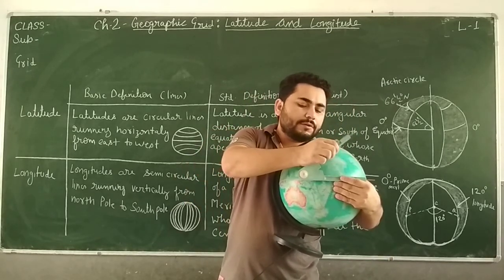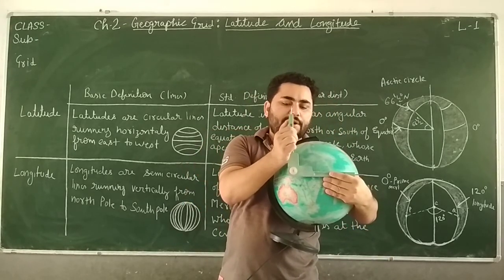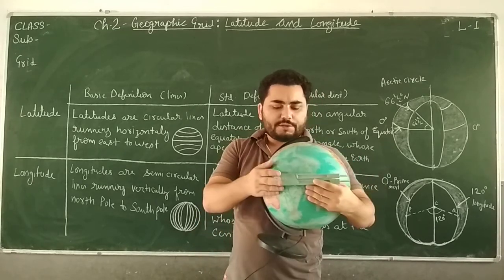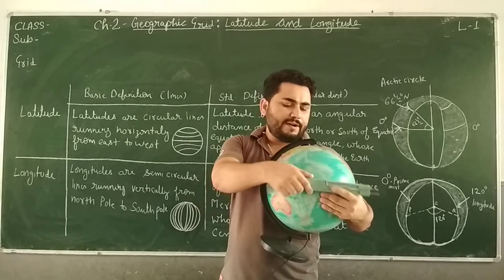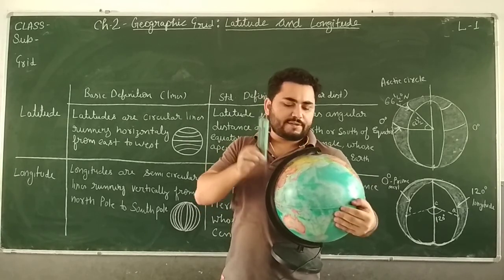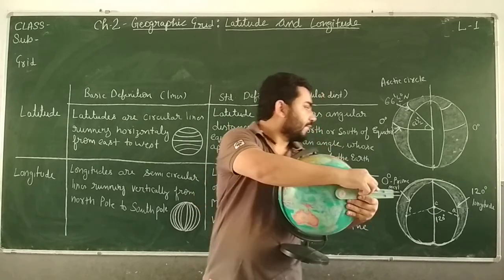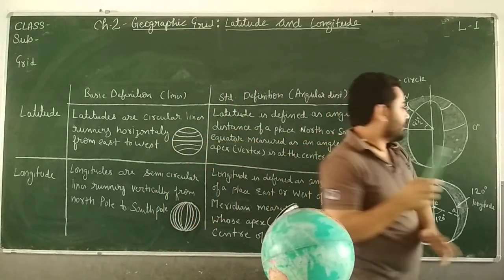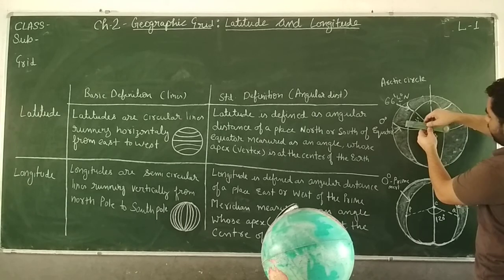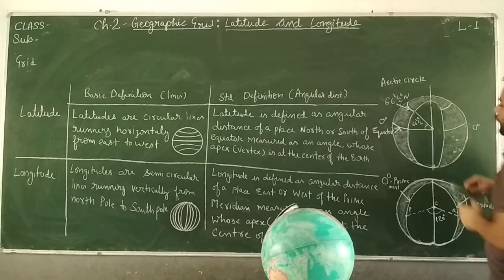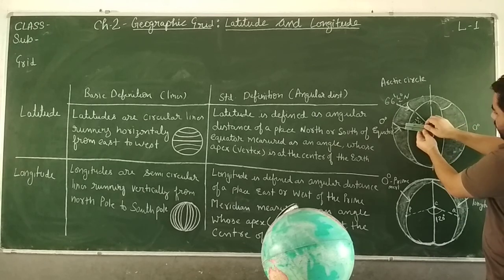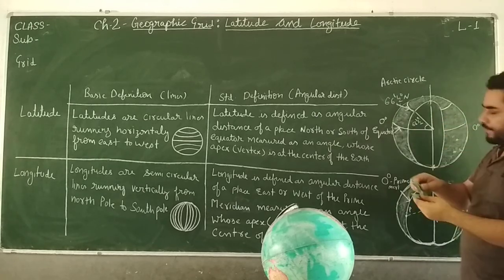So keeping this at the center of the Earth inside here, then what will happen? You can understand it like this. This is the center of the Earth, and I am keeping it here. Clear? So these angles are like this.